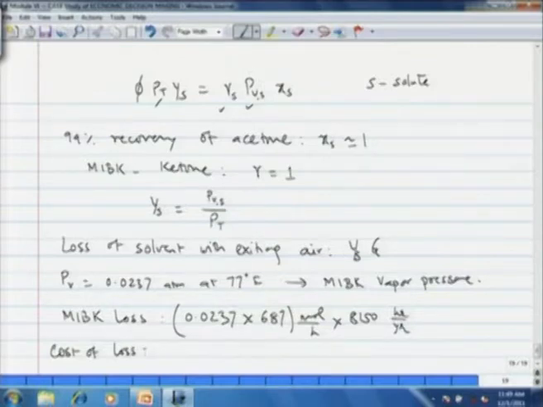And then the cost of this loss will be the cost of MIBK, $35 per mole, into 0.0237 into 687 into 8150. So, that comes out to be something like $4.6 million or $4.4 million.